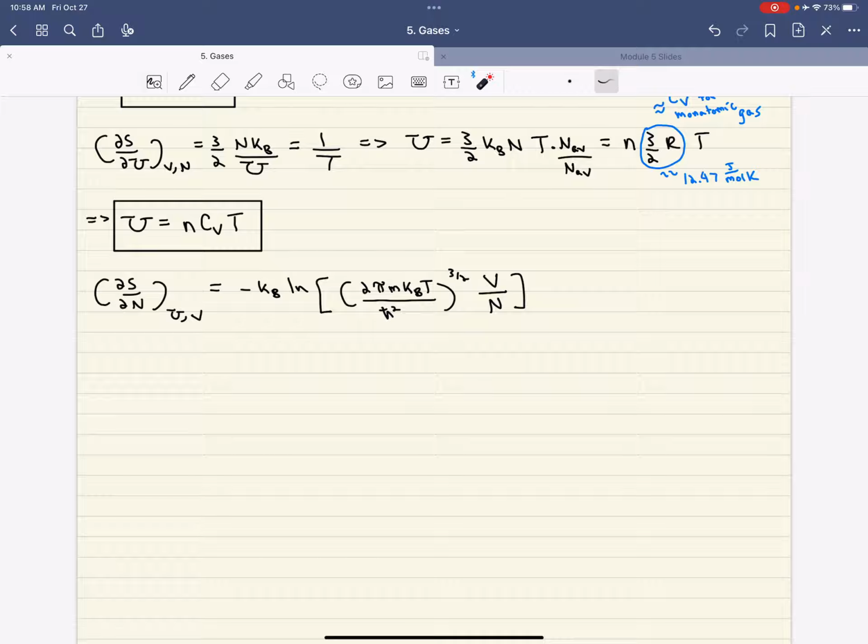Because this collection of constants is seen a lot when dealing with statistical mechanics, it actually has a name: the de Broglie wavelength.